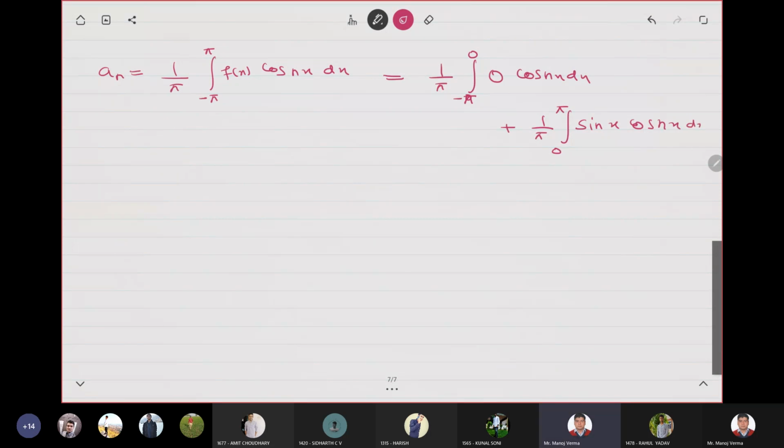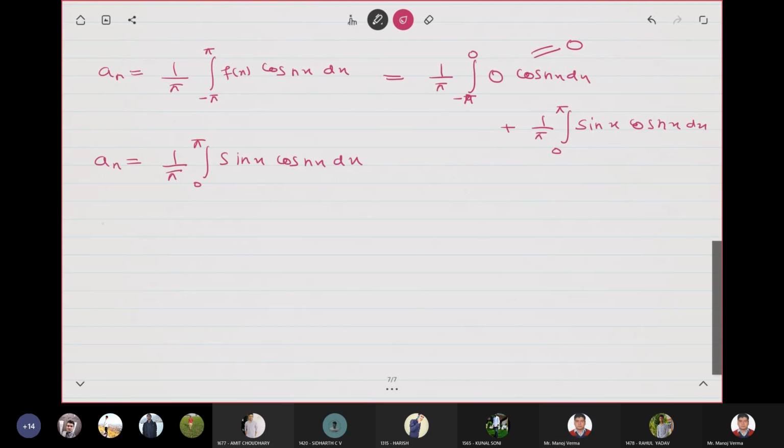Okay, sin x cos nx dx. First integral will become 0 as the function was 0. So the second integral will remain in the equation, will remain in the picture, and it is 0 to pi sin x cos nx dx. Now I will solve this expression. I have to solve this integral.